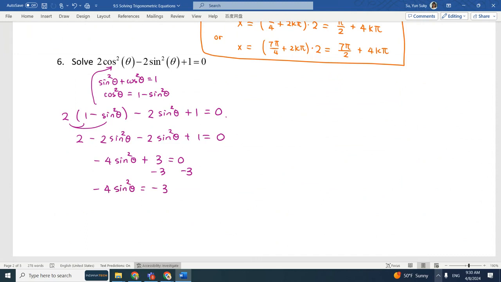And then divide by negative 4. So the negatives cancel, and we have sine squared equals 3/4. Right, everybody?